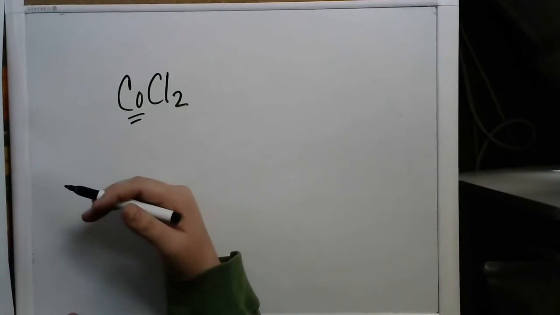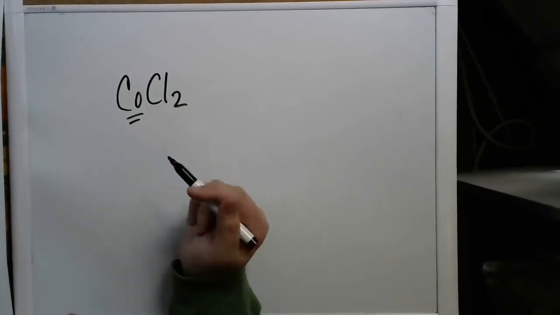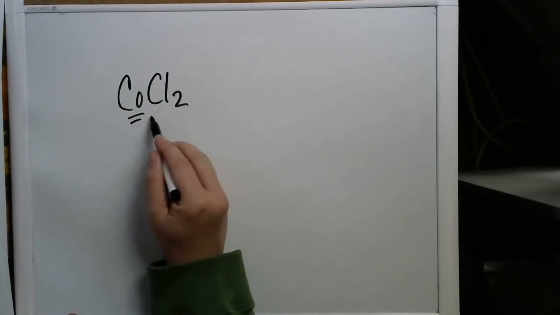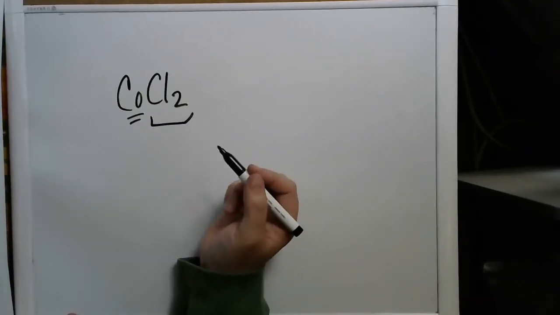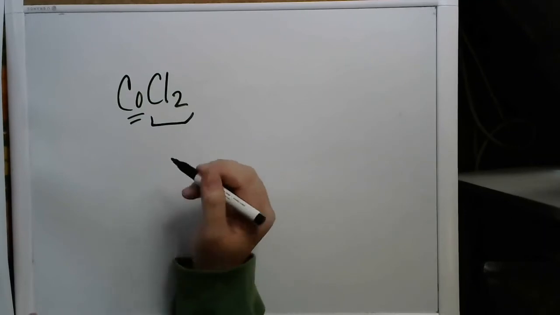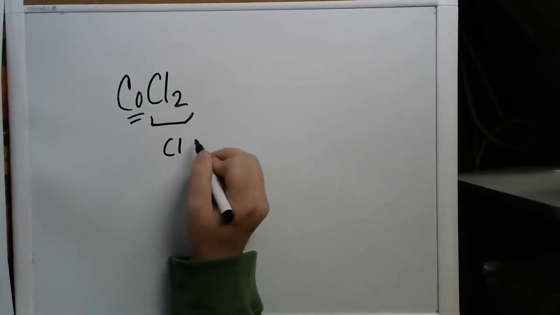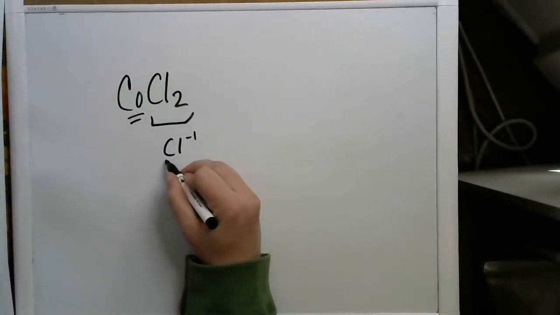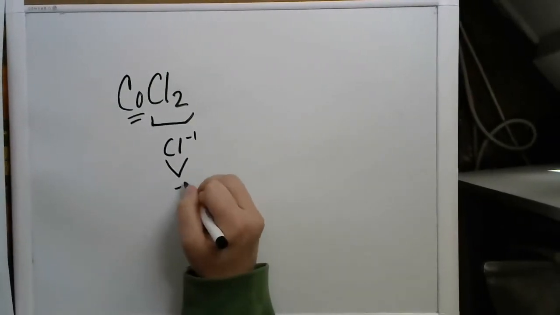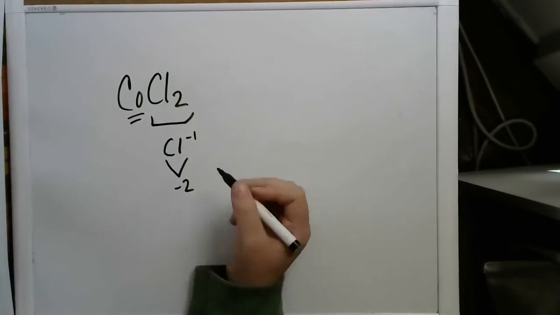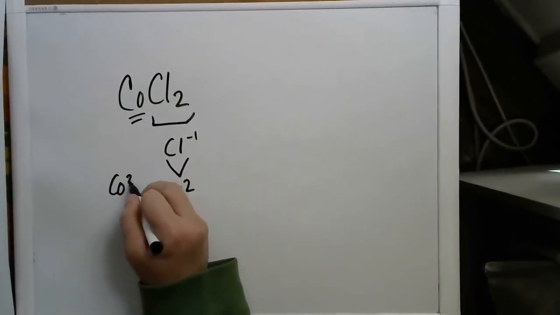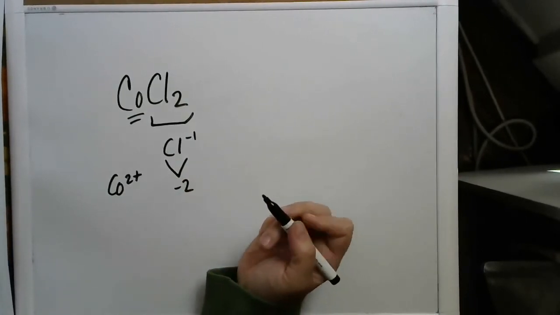So we have to indicate the charge of that metal. We're going to find out what the charge of that metal is by looking at the charge of the anion that doesn't change, okay? We know that chlorine is always going to have a -1 charge. We know that there are two of them, so we know that it's going to have a total charge contribution of -2. That means that my cobalt over here has to have a +2 charge.